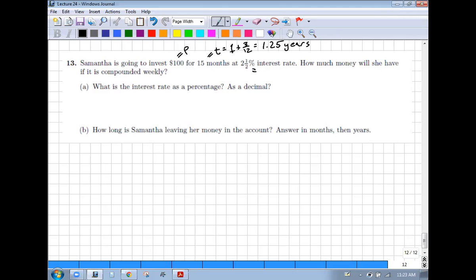The interest rate is 2.5%, which would be 0.025 as a decimal. How much money will she have if it's compounded weekly? Compounded weekly means N is 52. There's 52 weeks in a year. Interest rate as a percentage, 2.5%. As a decimal, 0.025. How long is she leaving her money in the account? 15 months.